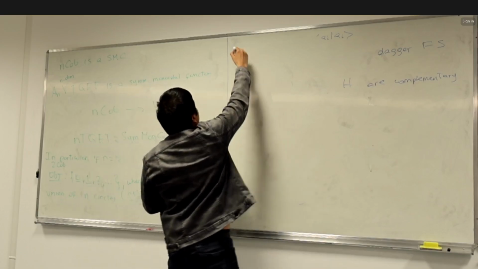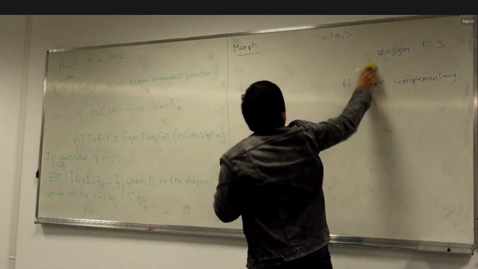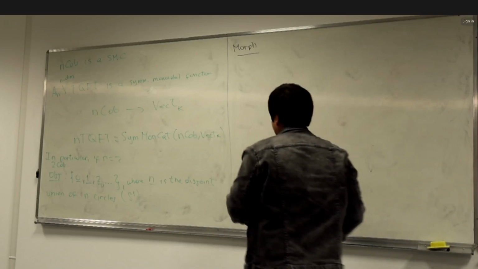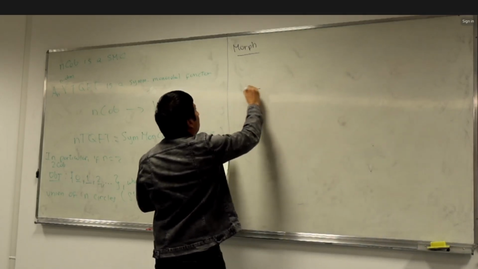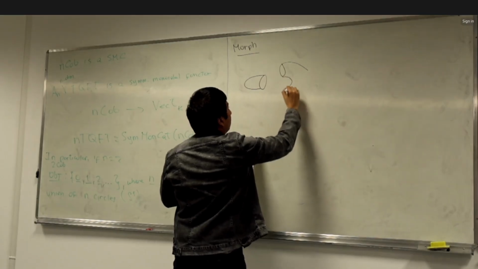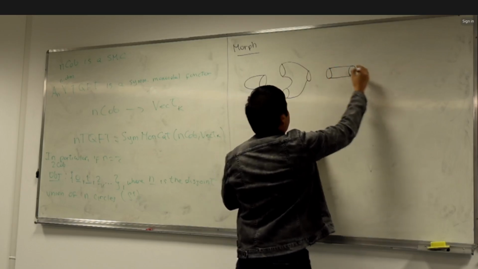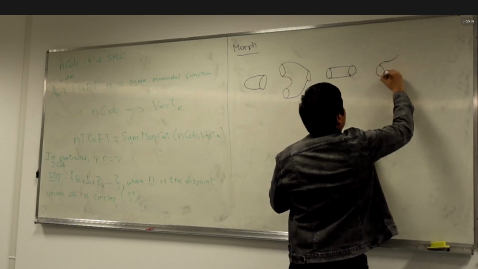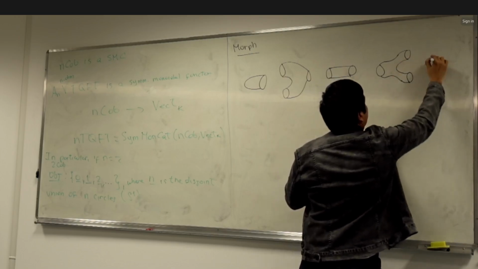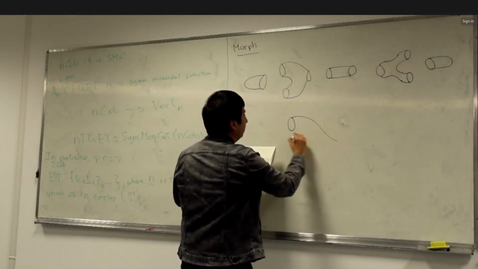Now, morphisms in this category. Well, there is a generating set of morphisms given by these guys. Do you remember this? Additionally, we need this morphism.